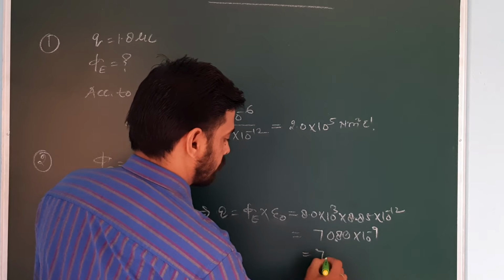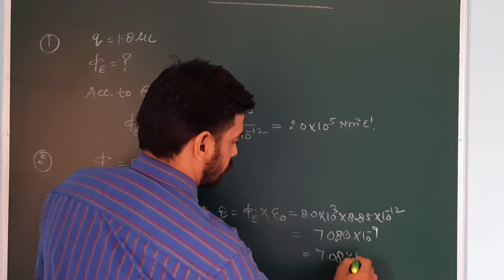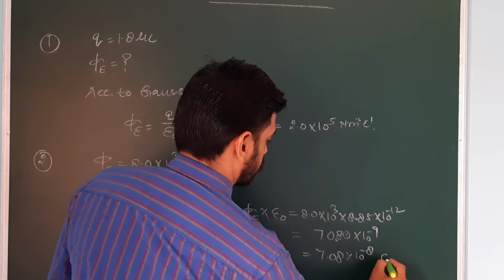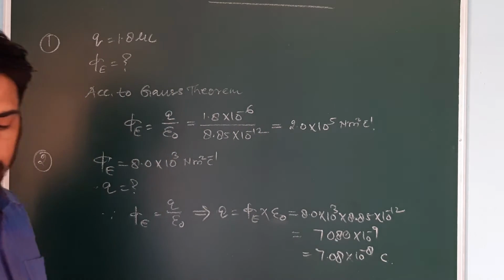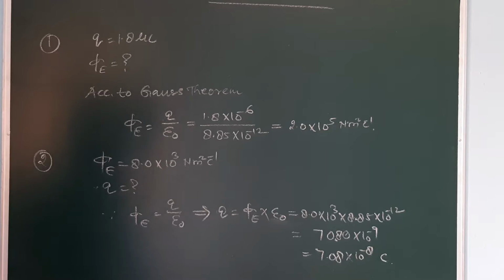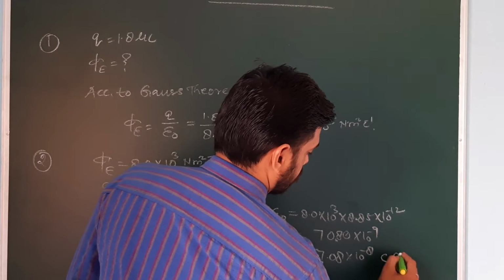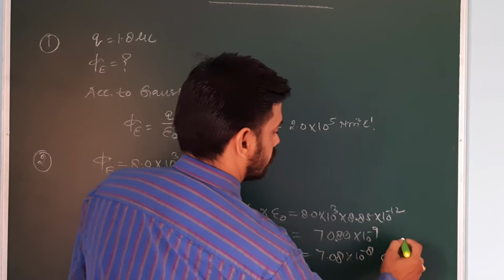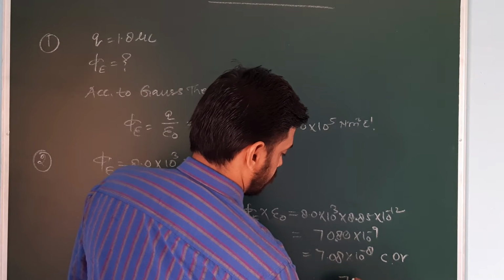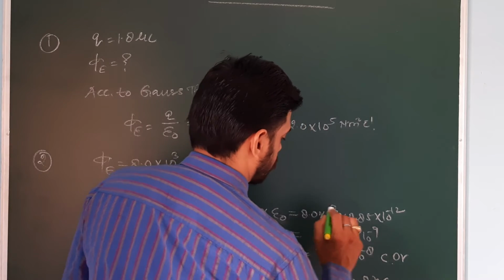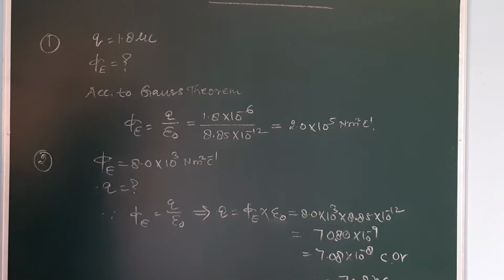So it will be 7.08 into 10 power minus 8 coulomb. Or we can write it directly as 70.8 nanocoulomb. This is also the answer.